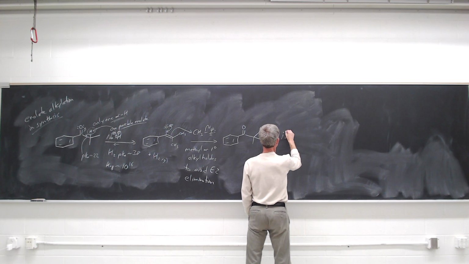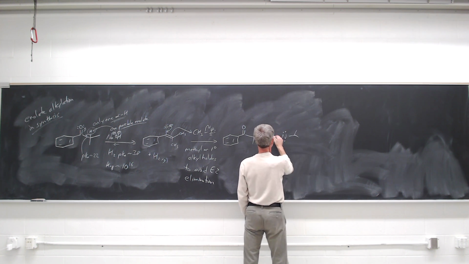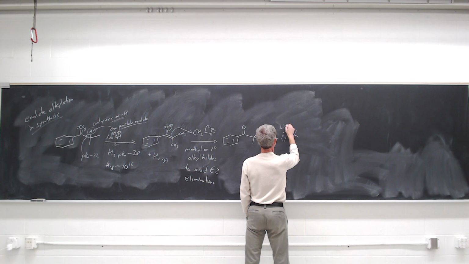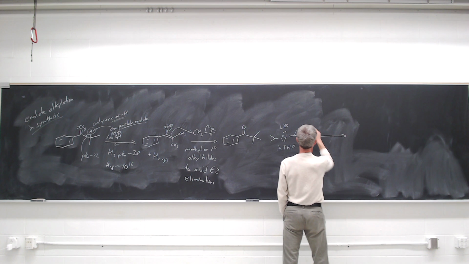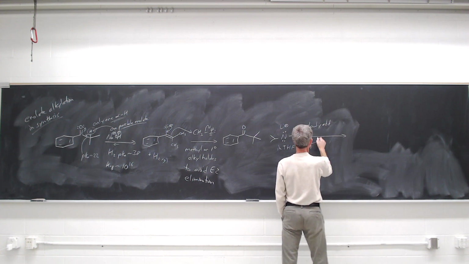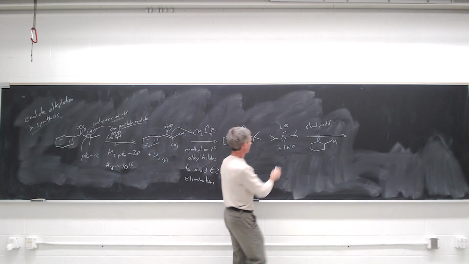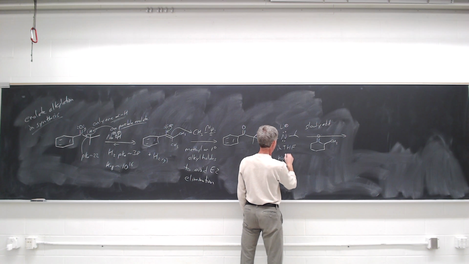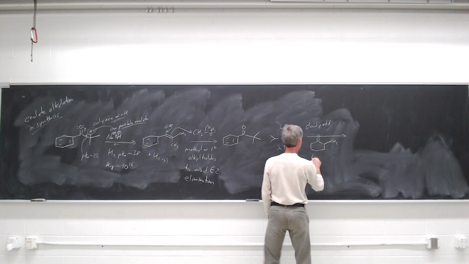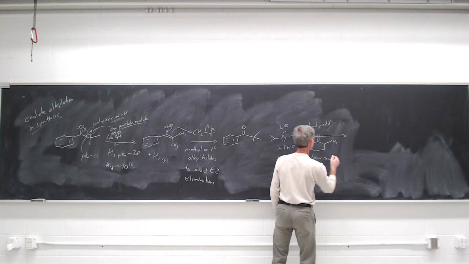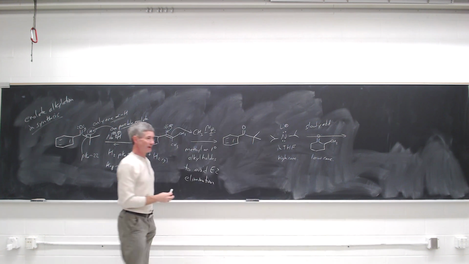So we start with our LDA, and then slowly add our 2-methylcyclohexanone to the solution of LDA. So we keep a high concentration of LDA and a low concentration of the carbonyl compound.